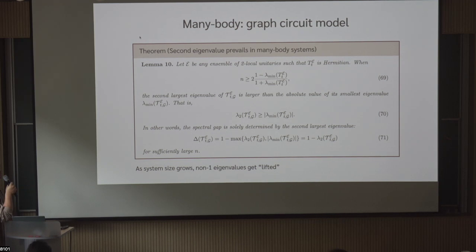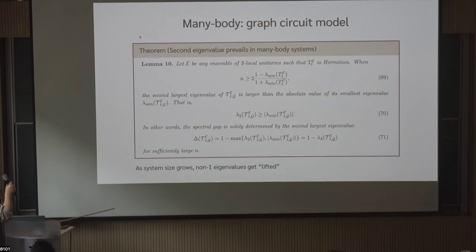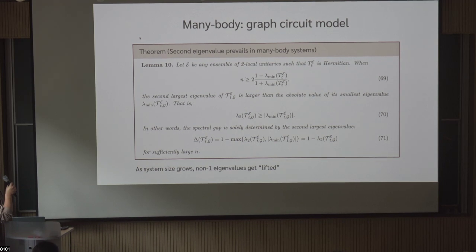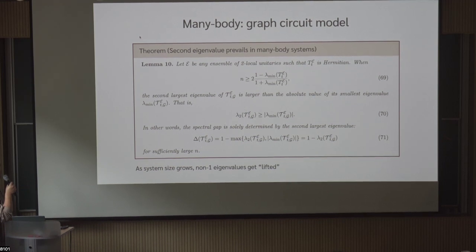For sufficiently large n, even for a spectrum like iSWAP, which had purely negative eigenvalues other than 1, the eigenvalues will get bigger and bigger because of the convolution. Then the second largest eigenvalue will eventually become greater than 0.